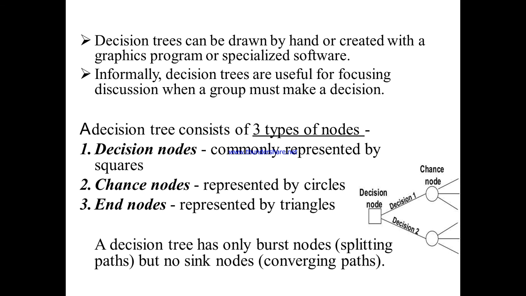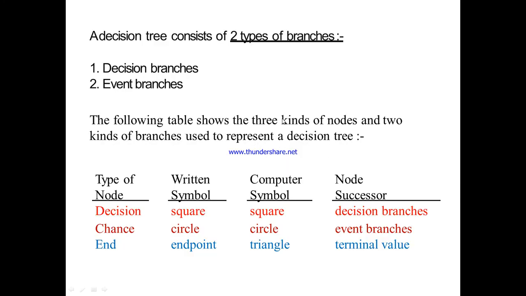After that, we have the chance nodes, represented by circles, and the end nodes, represented by triangles. A decision tree has only first nodes, but no sink nodes. Like this, that is the root or the decision node. After that, we have a chance node. After that, we have rectangles. That means the end nodes.